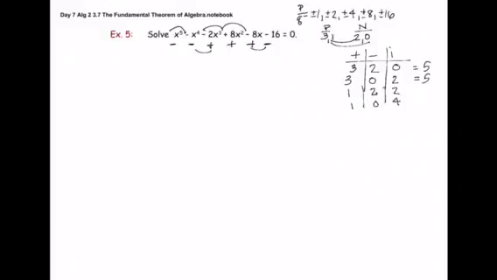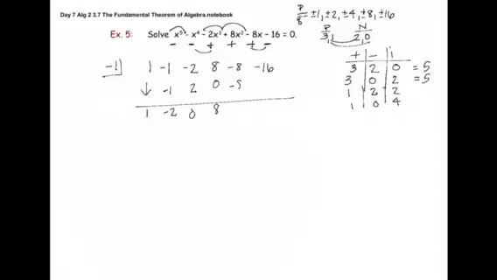Then when we use our synthetic division, your coefficients of your terms, 8, negative 16. I'm going to try a negative 1 first so that I start small. Drop your first term, multiply, add, multiply, add, multiply, add, multiply, add.